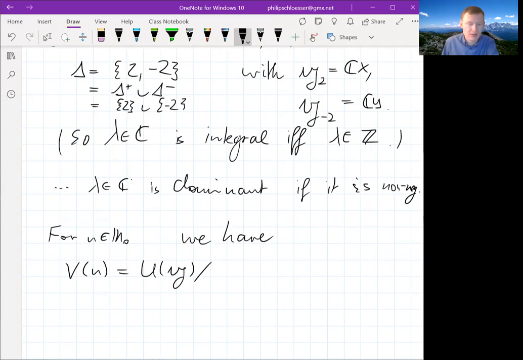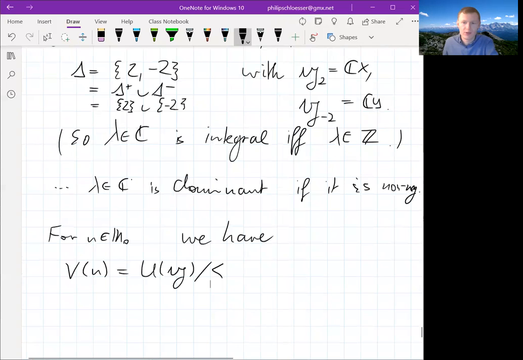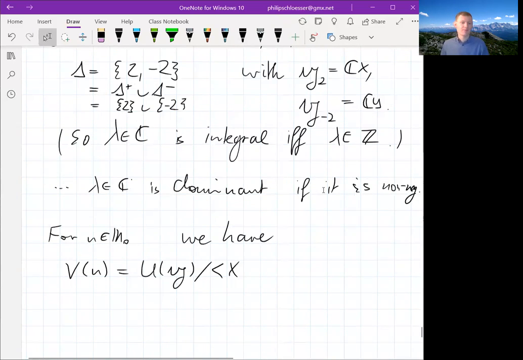This is just U divided by, and now this giant ideal just boils down to, we want x to make it vanish, because if we say that the positive root space is spanned by x, we are saying that x is our creation operator, whereas y is our annihilation operator.